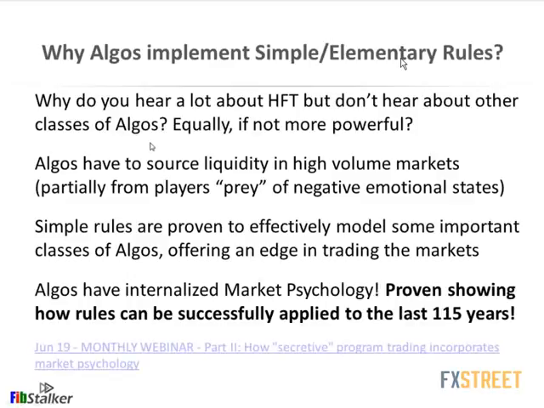And if you want proof of that, you can go back to the archive in FX Street and look at this presentation from June 2014, how Secretive Program Trading incorporates market psychology. In that presentation, I showed how applying the same rules that I'm going to apply now in an example, you actually can explain market price.